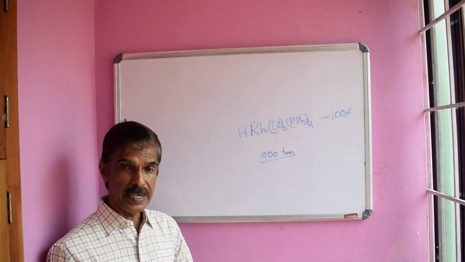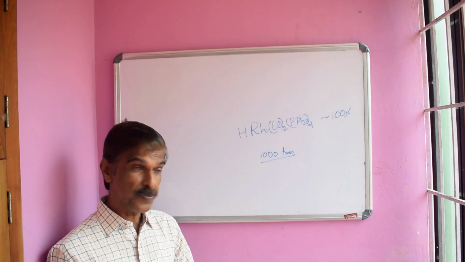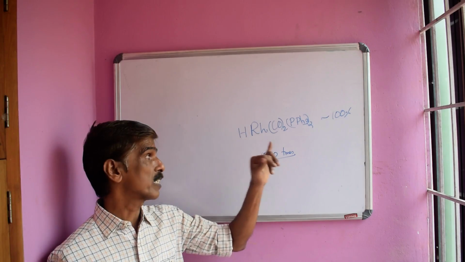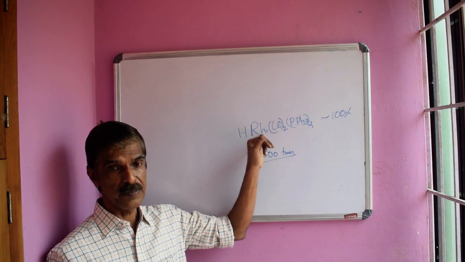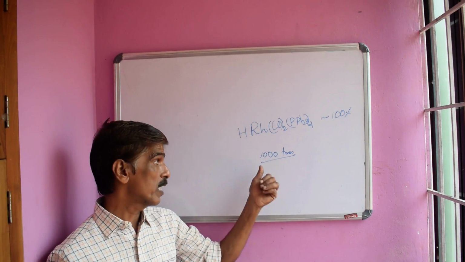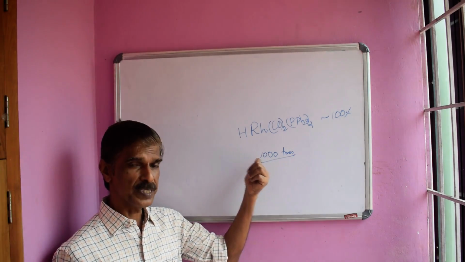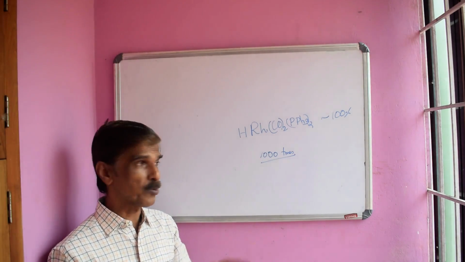So mild conditions and better yield of straight chain aldehydes are given by the rhodium based catalyst invented by Sir Geoffrey Wilkinson. But the drawback is of course the cost, but that can be balanced, no problem.